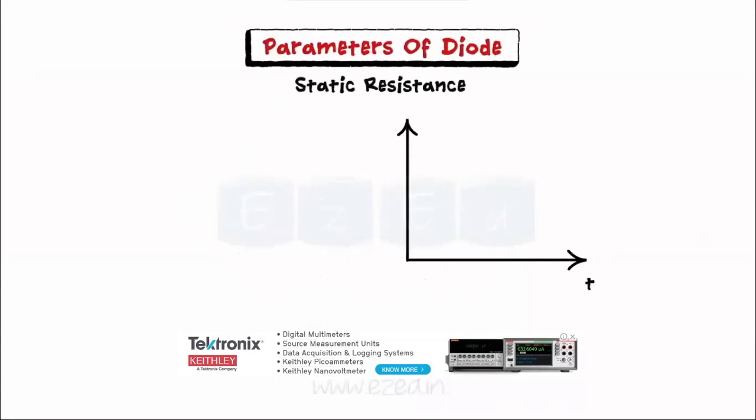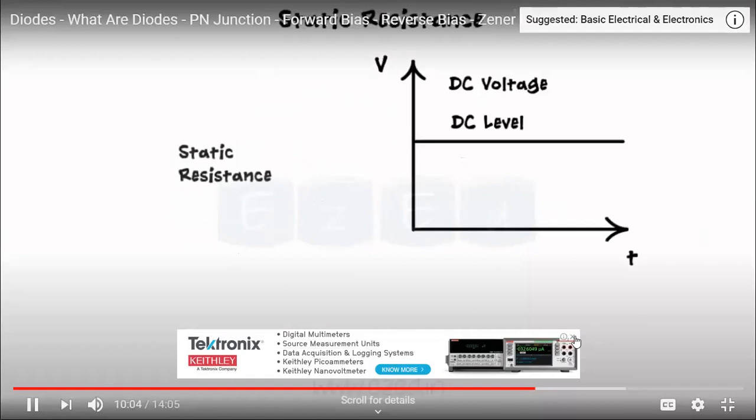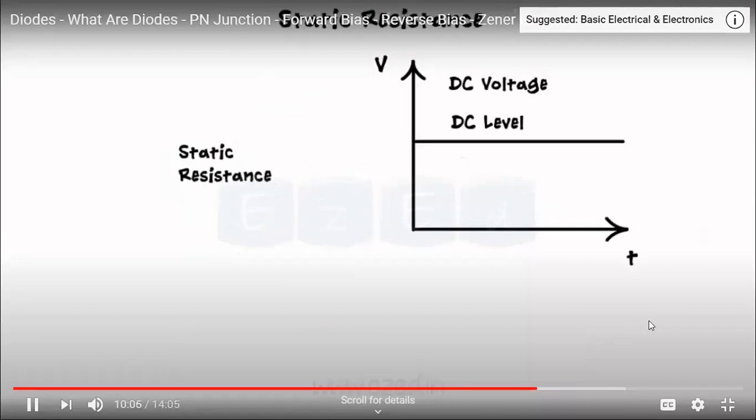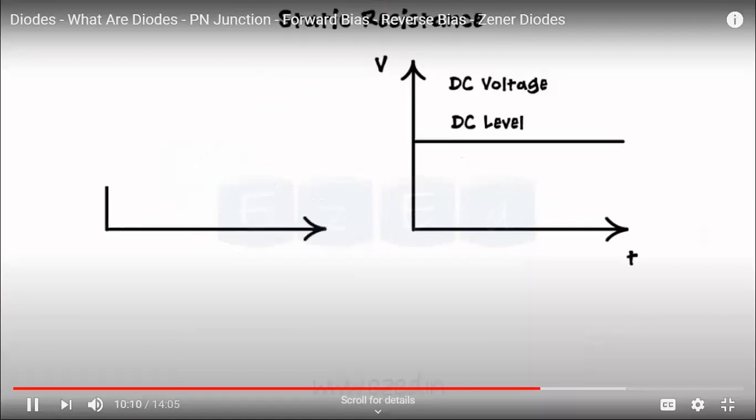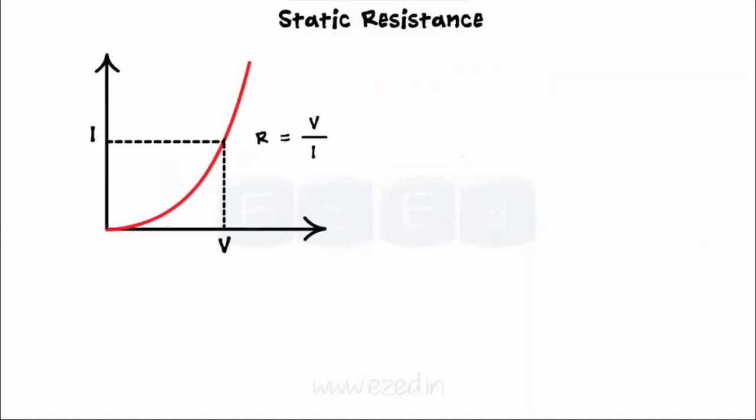When the diode is operated in the DC voltage, the resistance of the diode is called DC or static resistance. From the characteristics of the diode, this resistance is calculated by the ratio of V upon I. As the DC source remains constant, we can compute the V upon I ratio throughout the characteristics graph. During forward bias, current through the diode increases with the applied voltage.